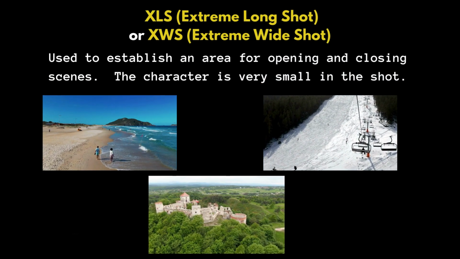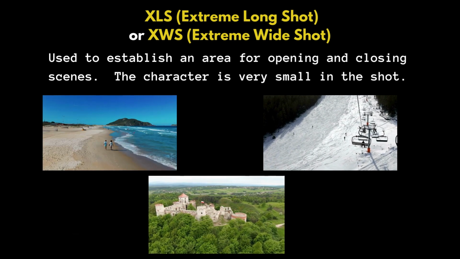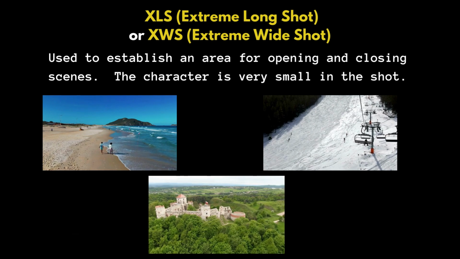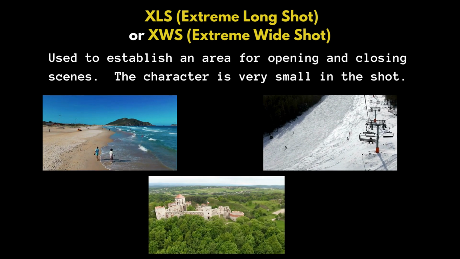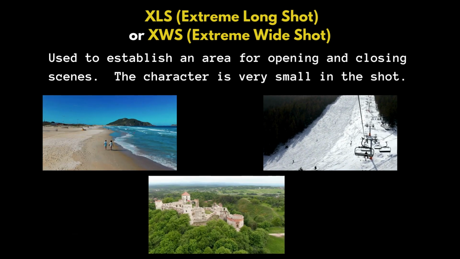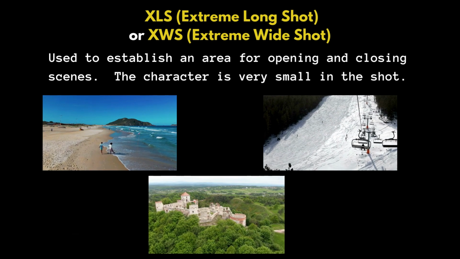Now, these shots are used to establish an area or to open and close a scene. For example, say the scene on the left is about these two people walking down the beach and they're having a conversation. You might want to use this shot to open the scene before you go in for coverage on the conversation.